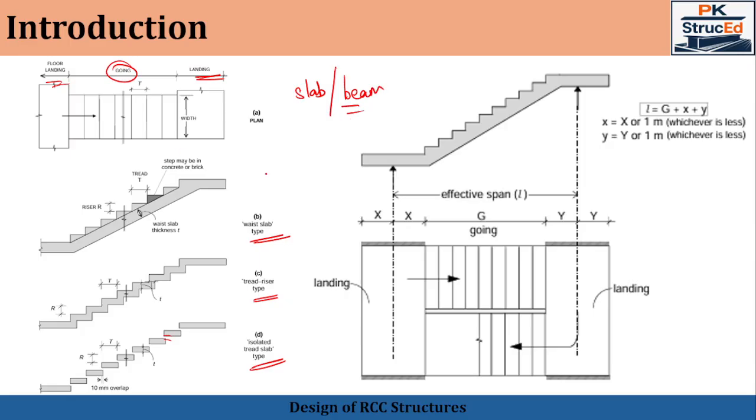Now if you want to find the effective span of the staircase, we use the relationship: going plus half the width of the landing on either side. The effective span will be equal to G (going) plus X plus Y, in which X and Y should in any case not exceed 1 meter. If it exceeds 1 meter, that value will be taken as 1 meter.